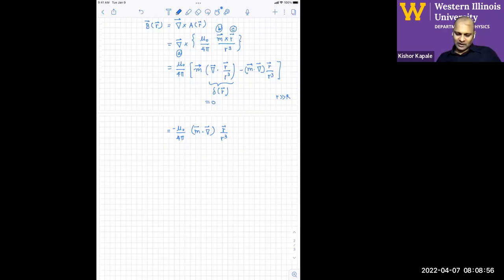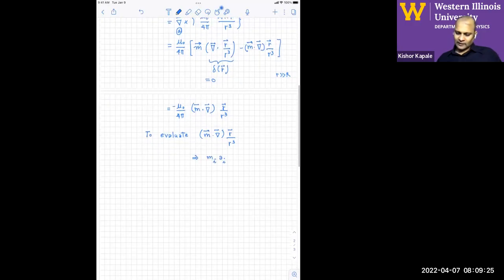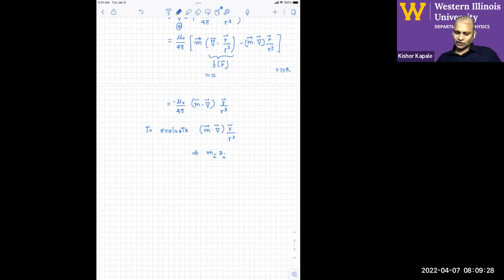Okay. And then this part, I'm going to leave it to you to evaluate. I will just give you a starting point to evaluate. M dotted with gradient applied to r vector over r cubed. You can start with using, so it's going to be M_i del_i, and then you want to look at maybe just the, this is going to be a vector quantity.